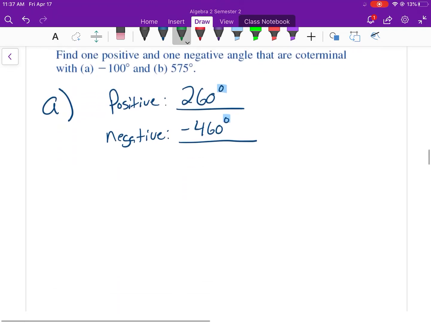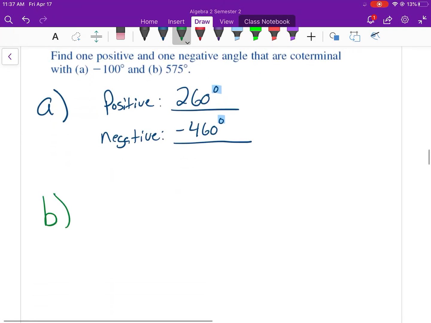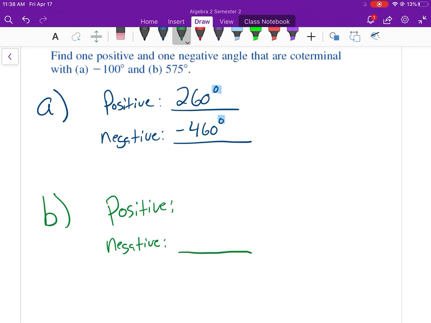Okay, so B, we start with 575. Again, just doing full rotations. It's not a matter of just adding for one and subtracting for the next. Because if I subtract 360 from 575, I get 215.